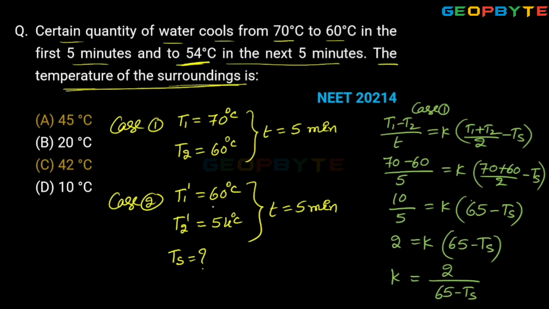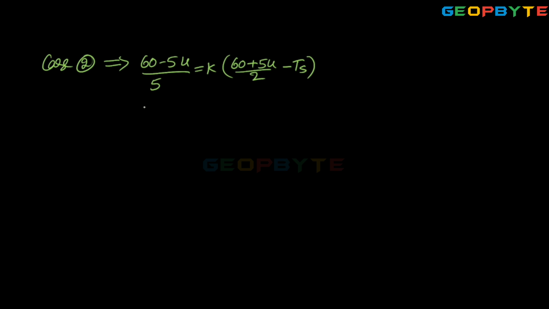For case 2, the temperature range is 60 to 54. (60 minus 54) divided by time period 5 equal to K into ((60 plus 54) by 2 minus Ts). Here it is 6 by 5.